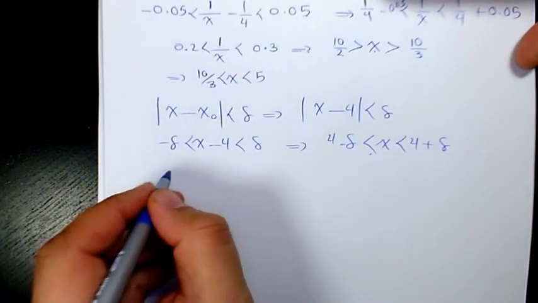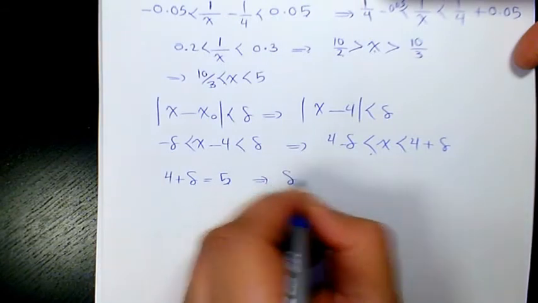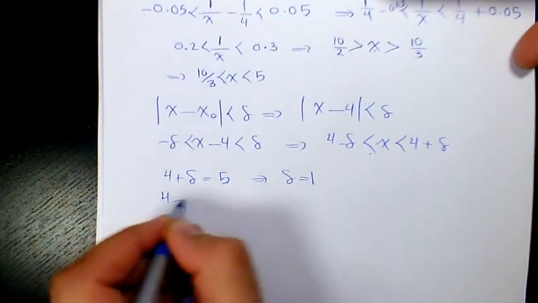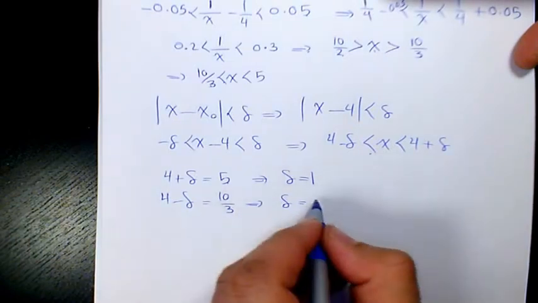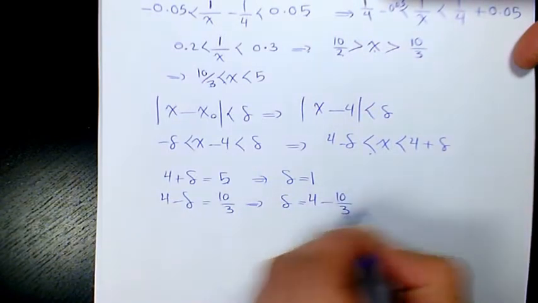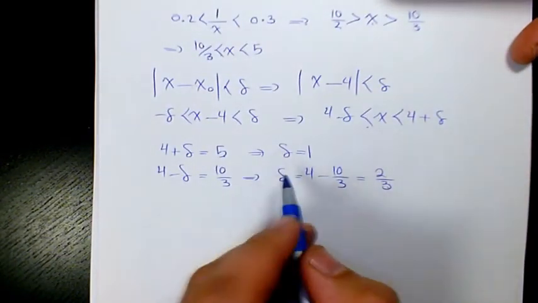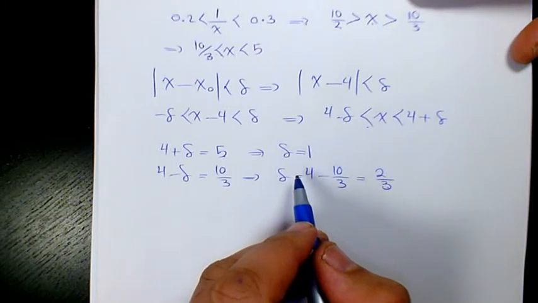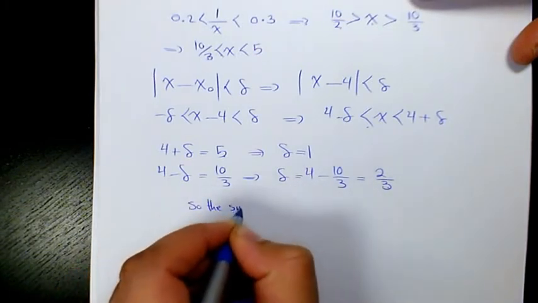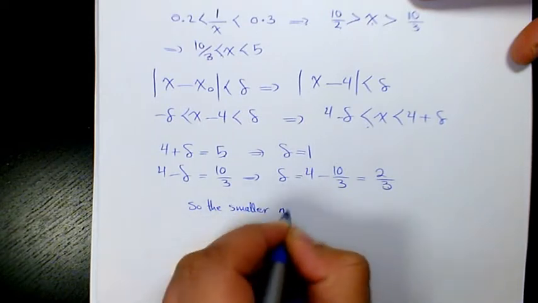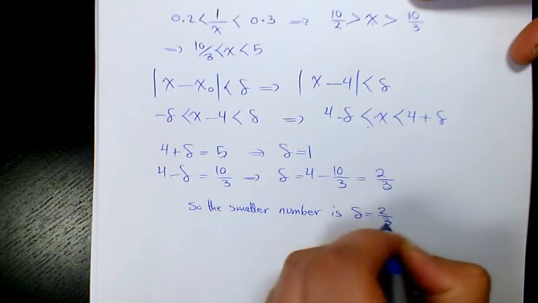So 4 plus delta is 5, which means that delta is 1. 4 minus delta is 10 over 3, which means that delta is 4 minus 10 over 3, which is 2 over 3. And the smaller number is delta equals 2 over 3.